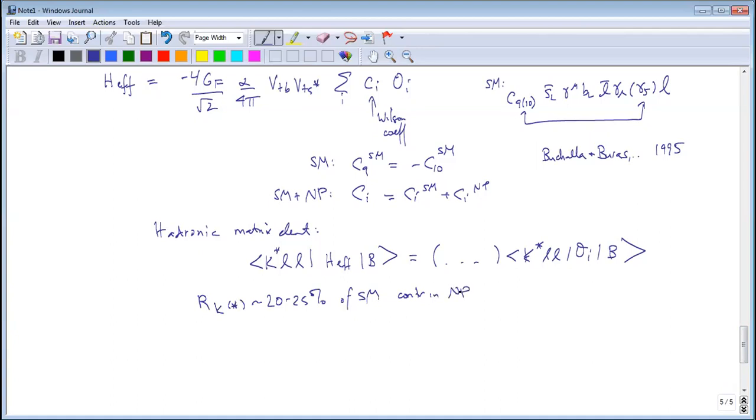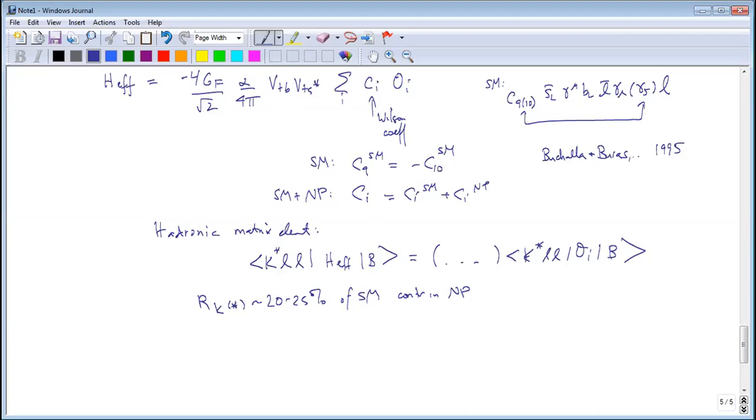And because there are so many new operators that you can write down, if you really just try to do a fit, you can look, for example, at work of Hiller and Isidori and Altmannshofer and various other experts. These are very, very complicated. In practice, there are probably just too many possibilities.